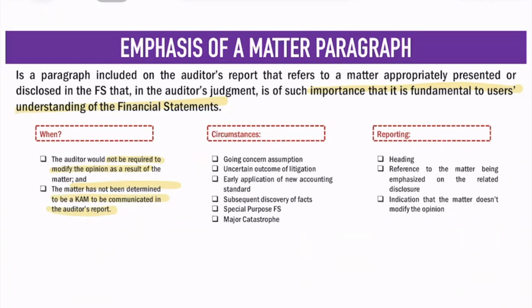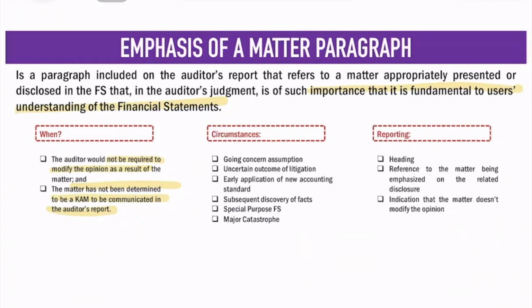So if you cannot modify the opinion, then just place an emphasis of a matter paragraph. And normally, what are the items of an emphasis of a matter paragraph? So the circumstances wherein we place an emphasis of a matter is first, your going concern assumption. And you already understood before that we said if the going concern is appropriate, but there is a material uncertainty, then you consider placing an emphasis of a matter.